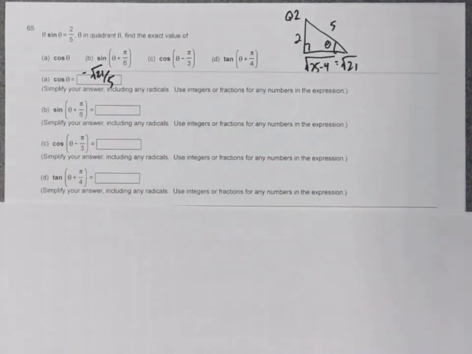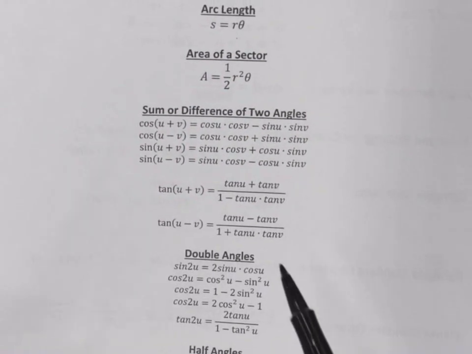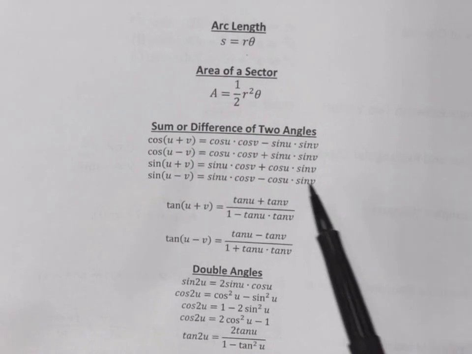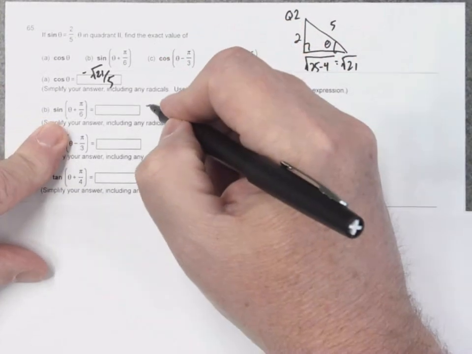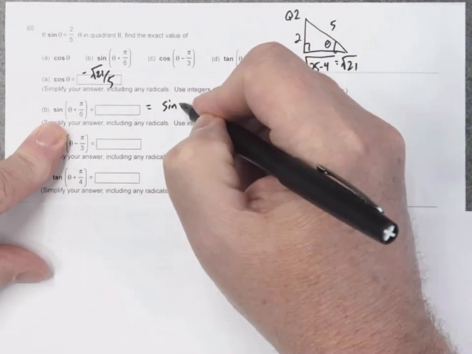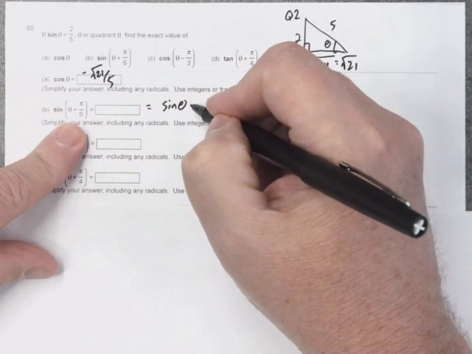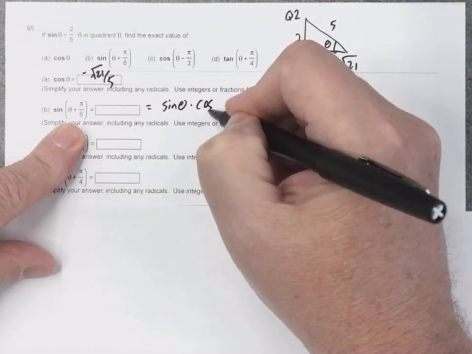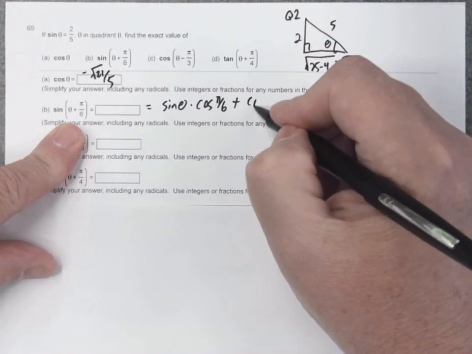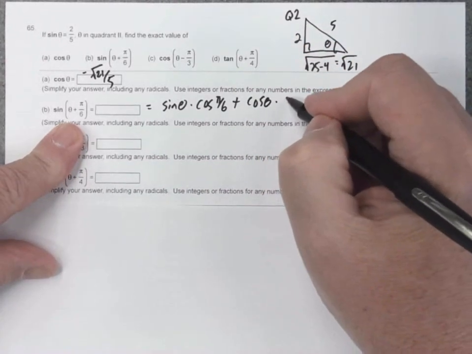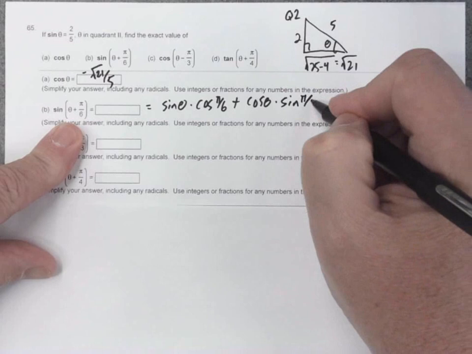Once again, the sine of two angles, sine cosine plus cosine sine. So this is going to be the sine of the first angle times the cosine of the second angle plus the cosine of the first angle times the sine of the second angle.